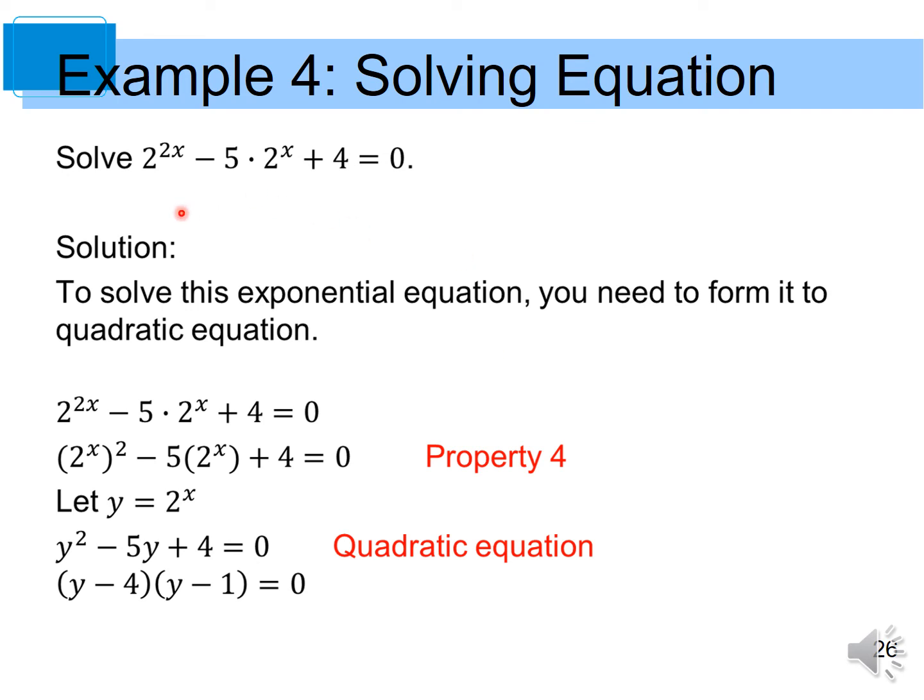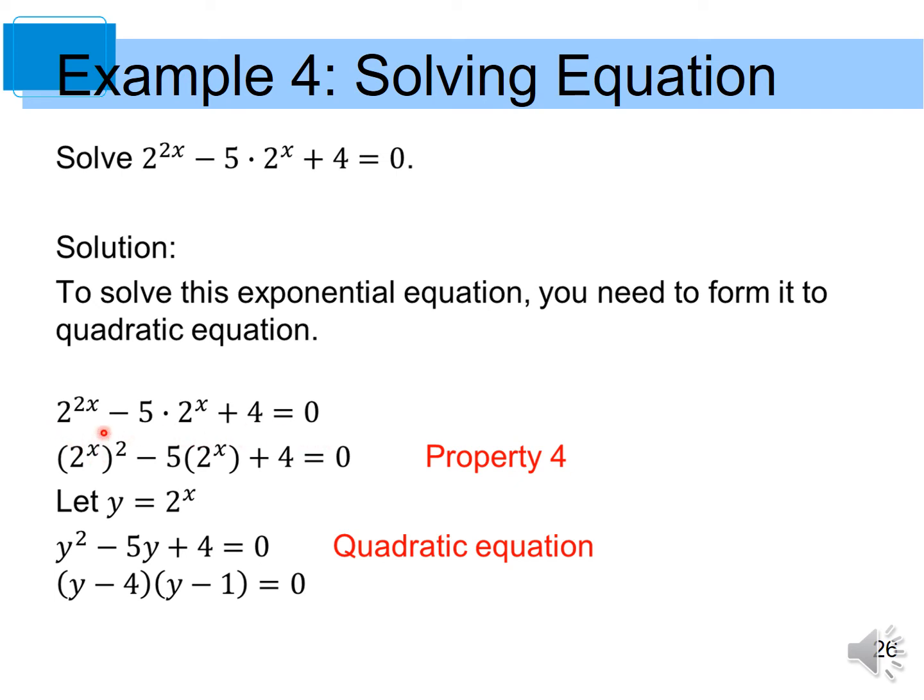This is an exponential equation that has a base other than e. The base here is 2, and here also 2. So to solve this exponential equation, you need to transform it into a quadratic equation. First, we write back the original equation.